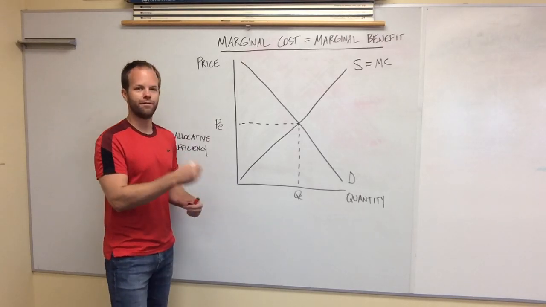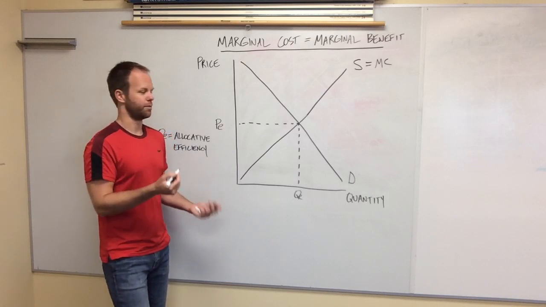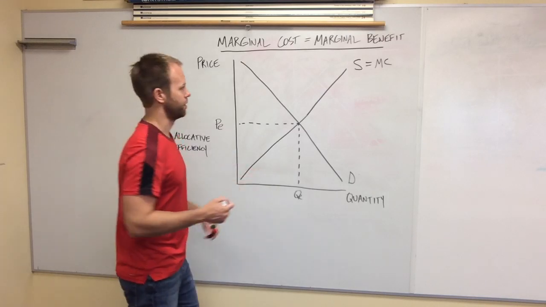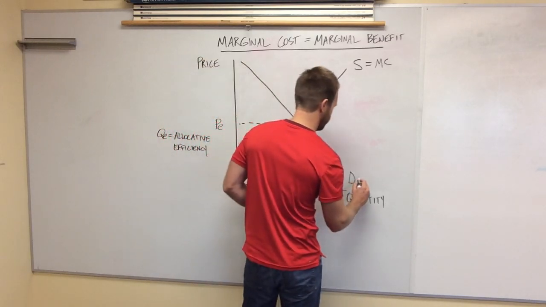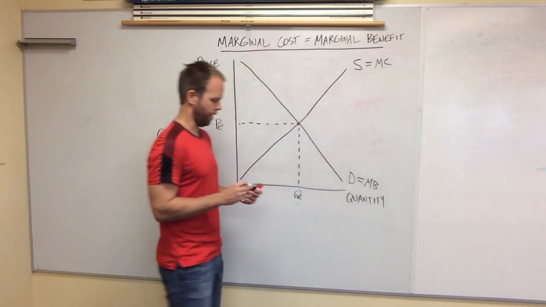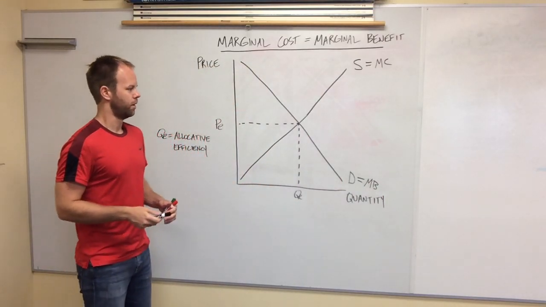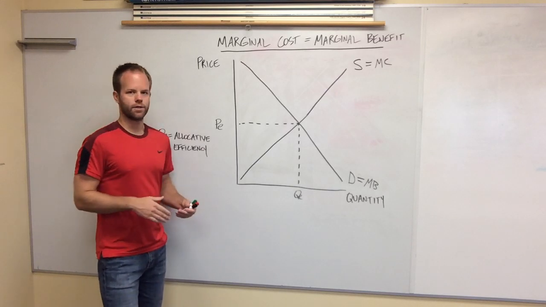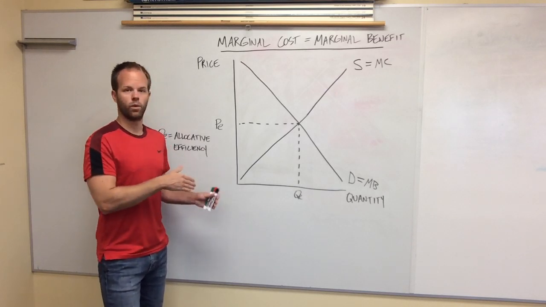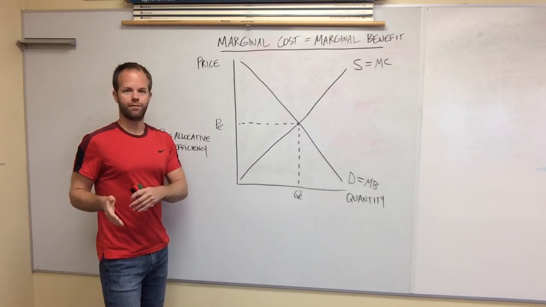So what is the benefit to the consumer of consuming one more thing? That is marginal benefit. Again, similar to supply, it's the same thing as demand.